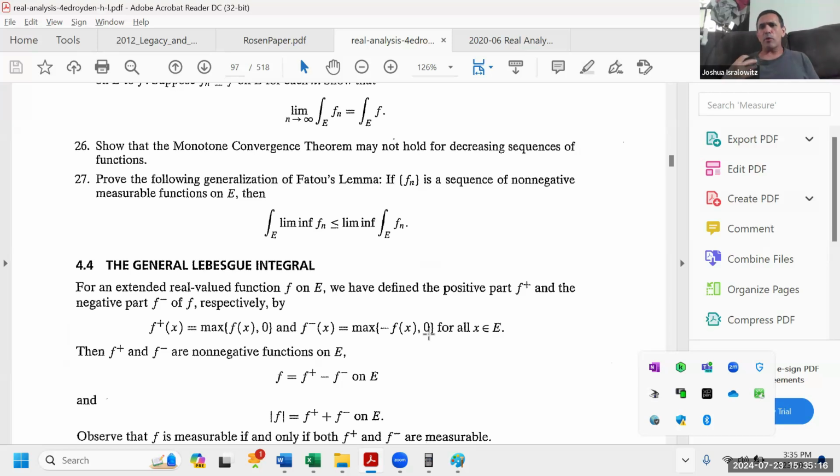When you actually apply Fatou's lemma, you really want to use something a lot more general in the following sense.